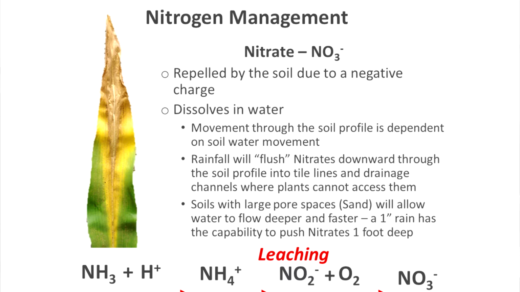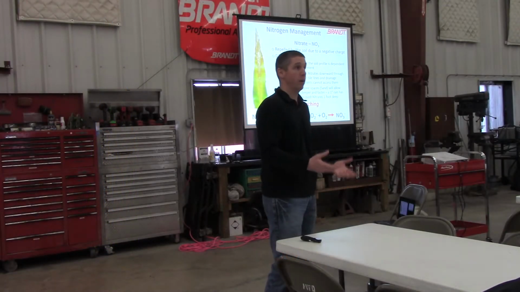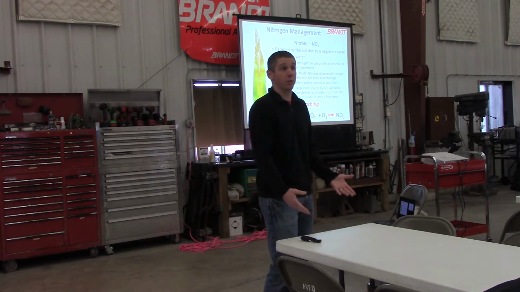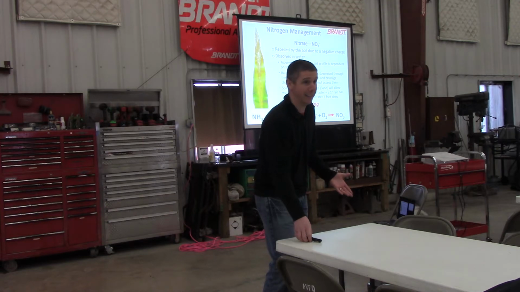So what do you think is going to happen if you have a whole bunch of negatively charged nitrogen that dissolves in water after a 6-inch rain? It's going to carry it. It physically moves with the water and it carries it down into your tile lines. If you have sandy soils, this can happen in an inch or two rain because of the permeability of the soil. We call that leaching.